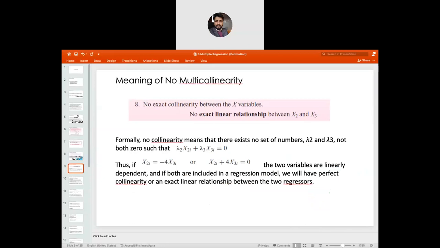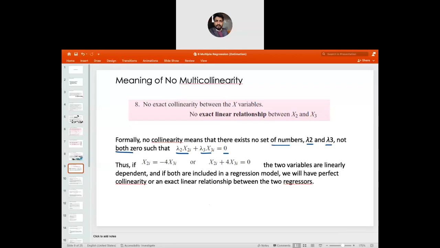Now, you can write it like this: no collinearity means that there are no set of numbers lambda 2 and lambda 3, not both 0, such that lambda 2 x2i plus lambda 3 x3i equals 0, right?